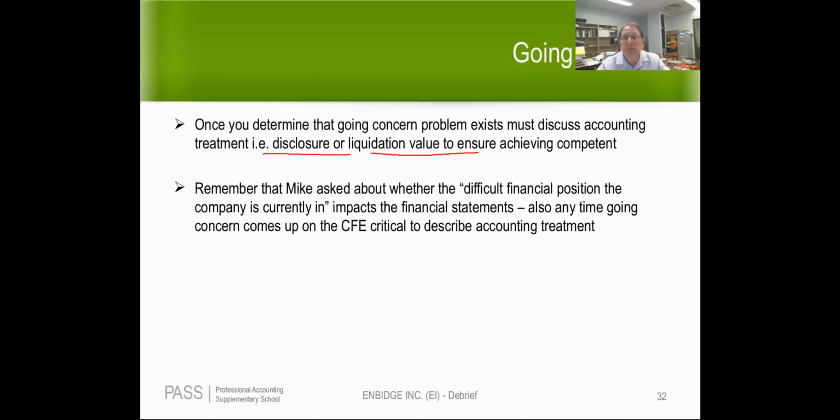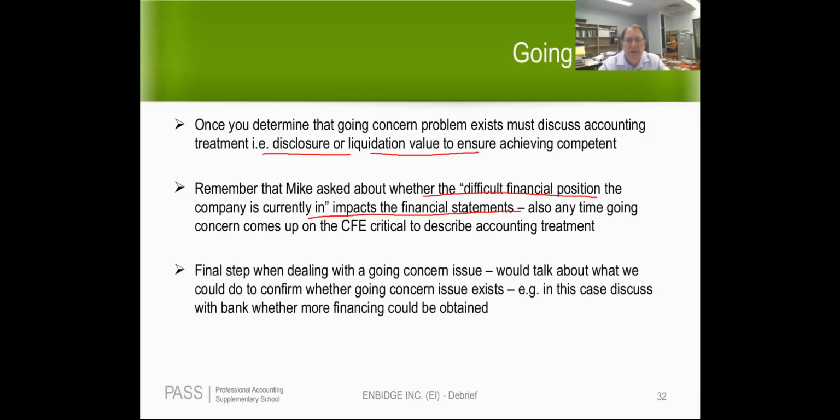Now, we gave you a major hint if you didn't see it. Mike asked about the difficult financial position the company is going to be in, impacting the financial statements. Major hint. Okay?